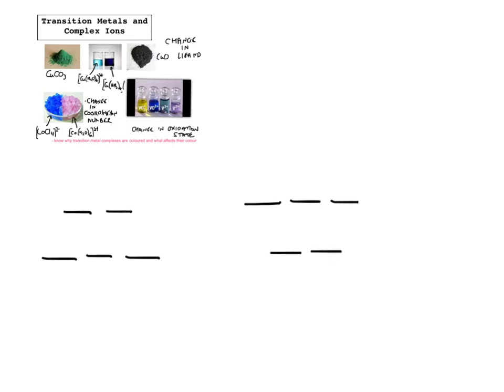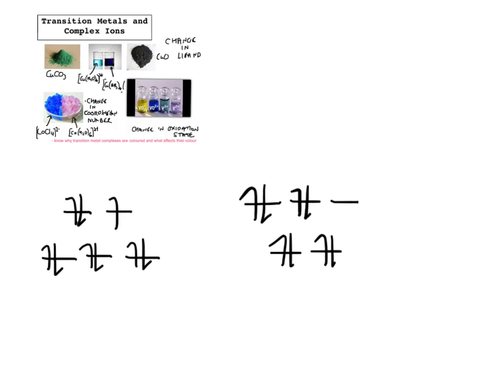So if we take, for example, copper, Cu2 plus, which has 9 d electrons, we've got 1, 2, 3, 4, 5, 6, 7, 8, 9 in the octahedral complex, and the same in a tetrahedral complex. You can see that there's a space in one of the d orbitals, which one of the electrons in the lower set of d orbitals could be excited into.